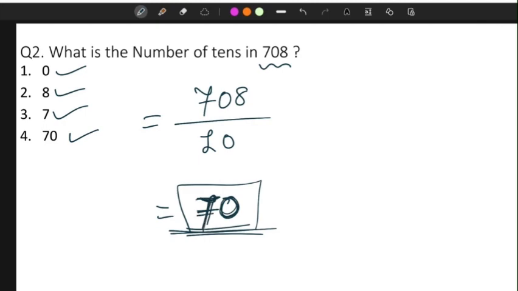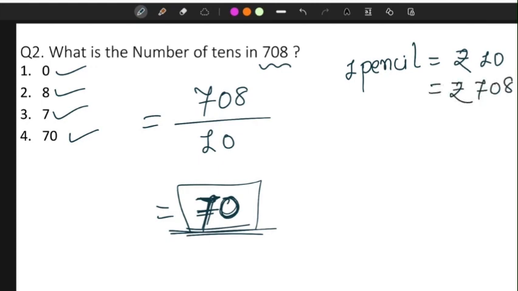To elaborate, I'll give you an example. If one pencil costs 10 rupees, and you go to buy pencils with 708 rupees, what is the minimum number of pencils you can buy?